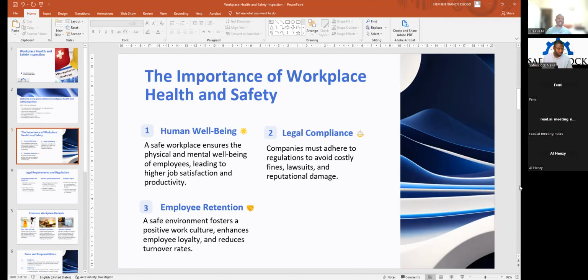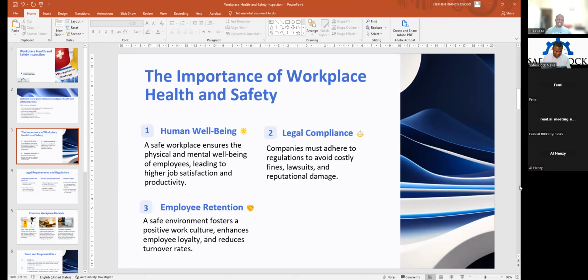Even sometimes you see some organizations, even if the employees are sick, they still want to go to work, except the sickness is so severe that they cannot stand up from the bed. This is an indicator that the environment is safe and healthy for them, irrespective that they are supposed to take sick leave, but they just want to go to work. But an environment that is toxic, I am telling you, you see employees finding even excuses not to go to work.